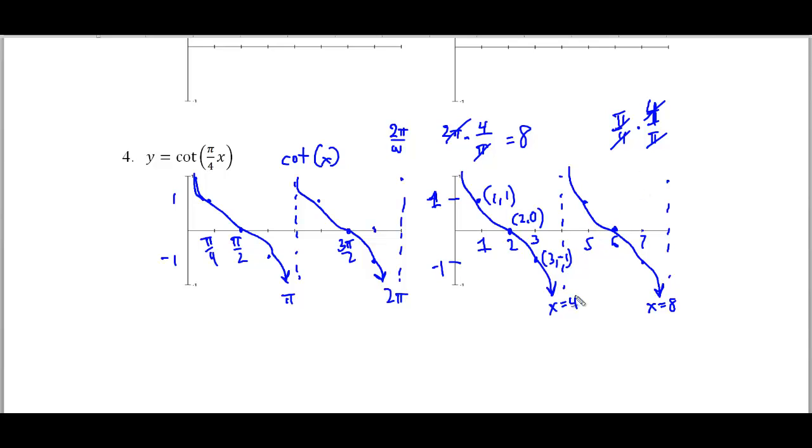But now we get to talk about domain and range. To finish up this part 2 of this 4-part video, the domain is going to be the x values where x cannot be equal to 4k, where k is an integer.